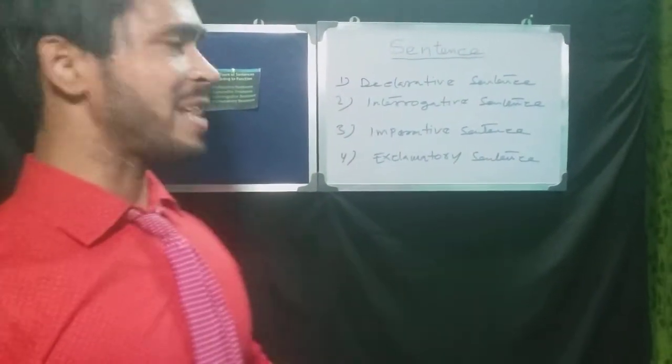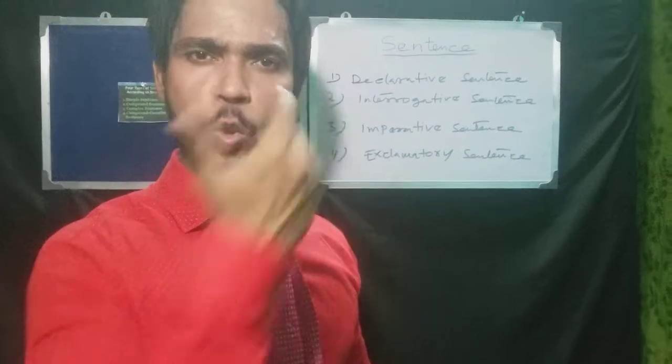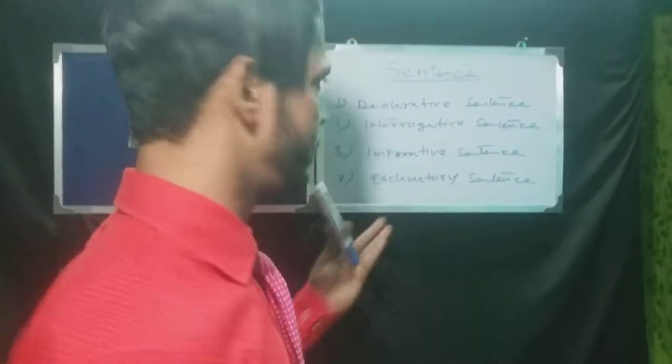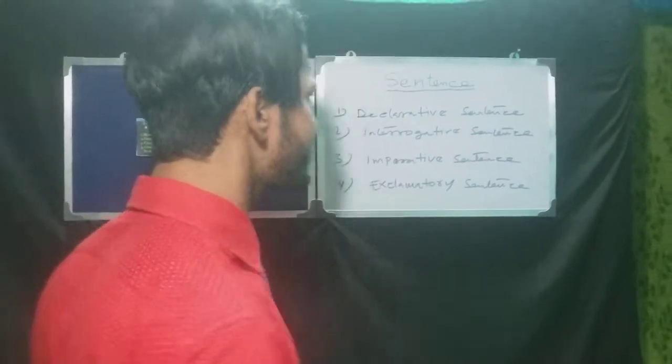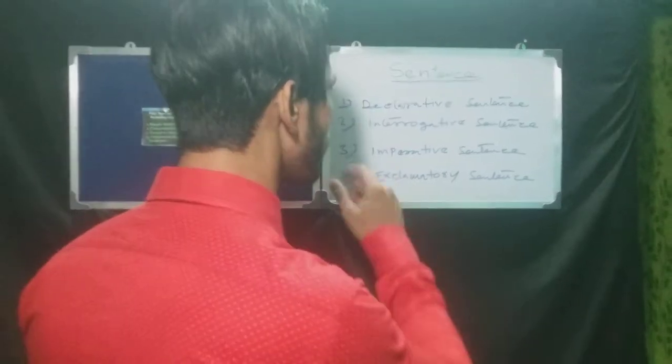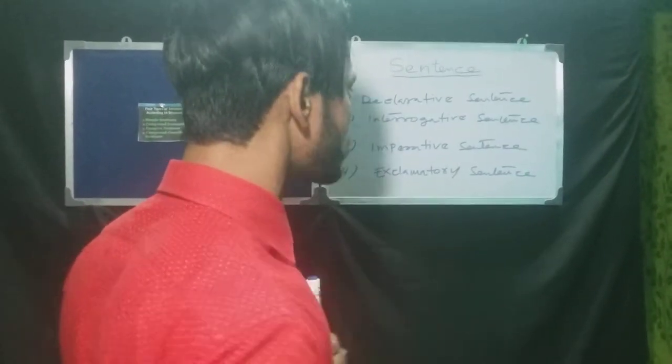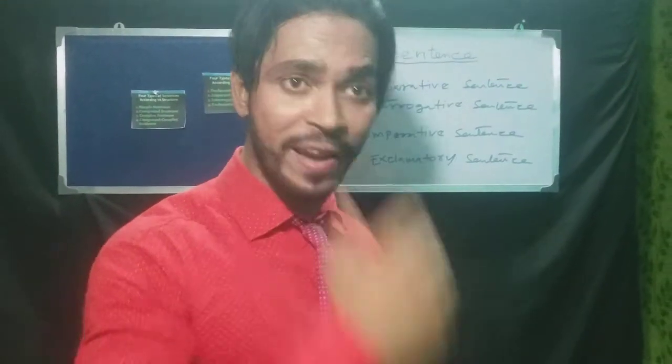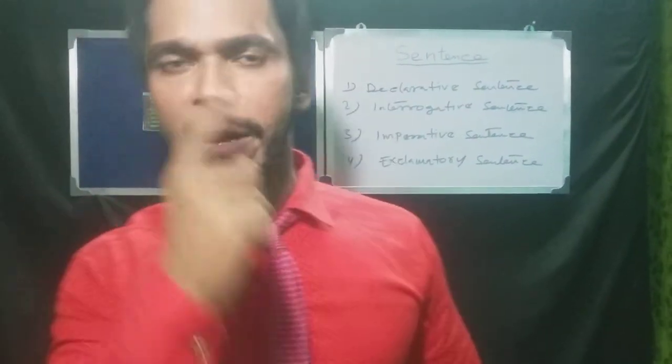Here are the types of sentences according to function. The first one is declarative sentence, second one is interrogative sentence, third one is imperative sentence, and last one is exclamatory sentence. Now, what is a declarative sentence?